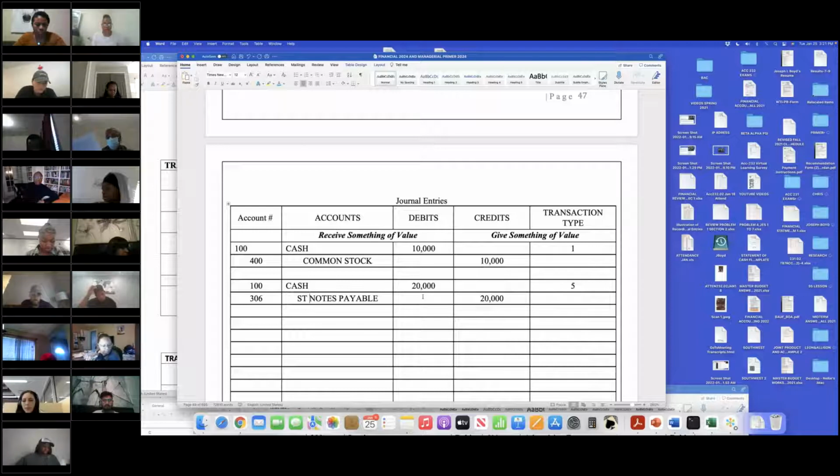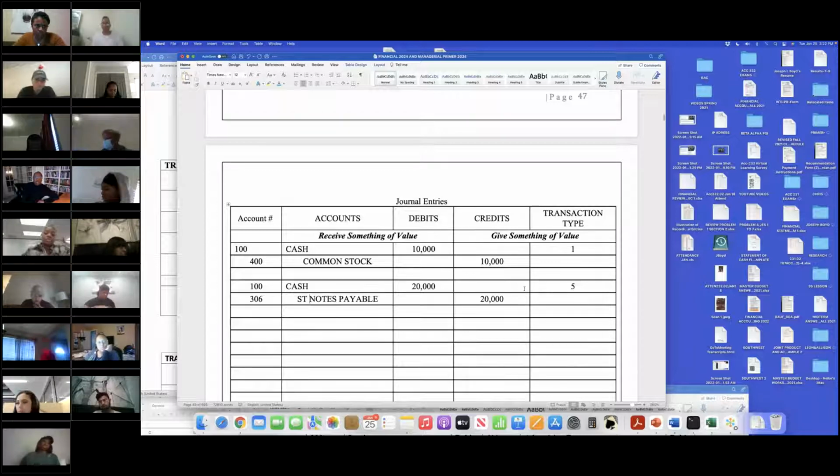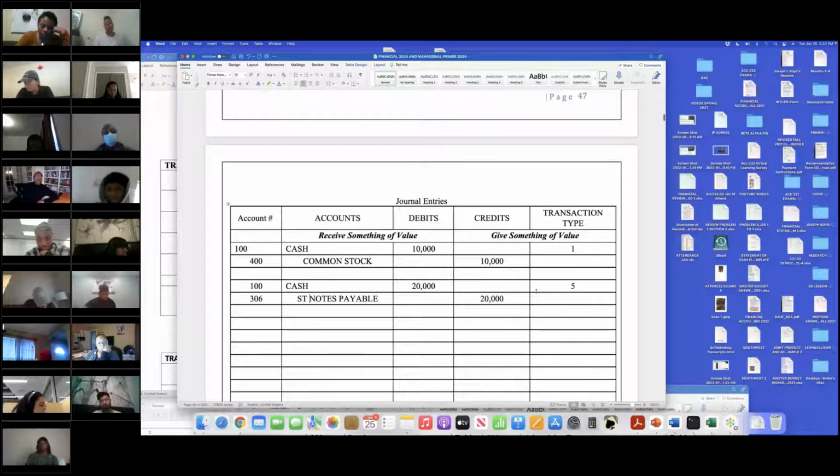So on the example that you sent, on one of those questions, it goes along the same lines, but it's using account number 307 because it's an accrued liability, because it's a loan. So is the number off? Sometimes it changes on the chart of accounts that I've used. But if you got this name in either 306 or 307, it'll be okay. Okay. So don't worry about the numbering per se.